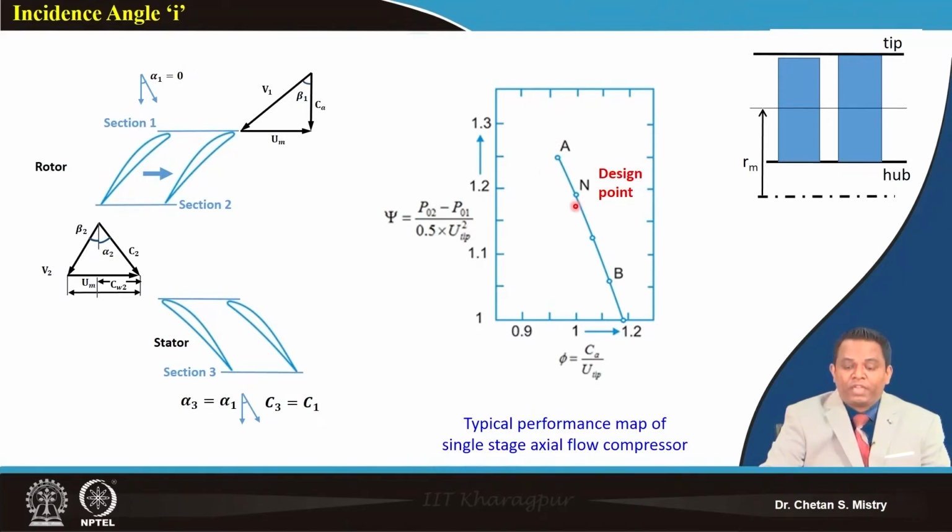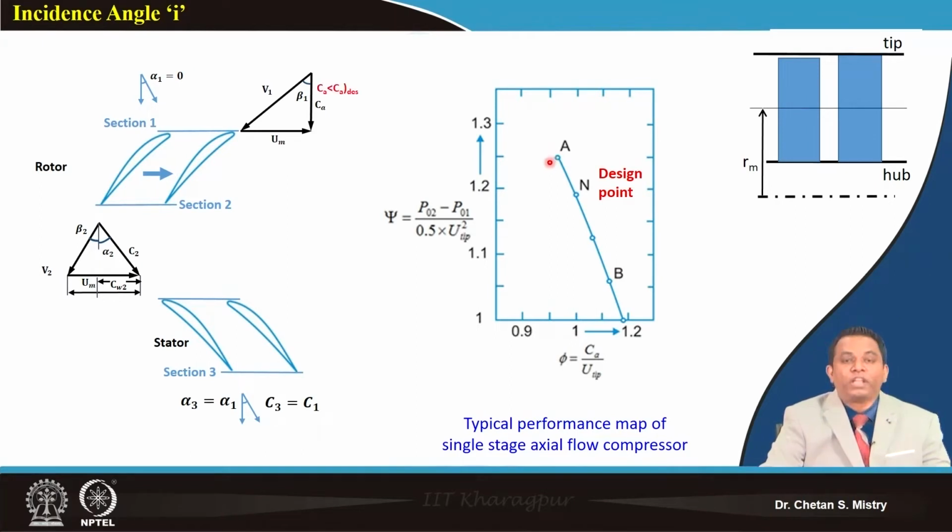Now let's move from point N towards point A. Moving towards point A means I am decreasing my mass flow rate. If the peripheral speed is the same, meaning it is rotating at the same speed, the movement from point N to A represents a decrease of my axial velocity.